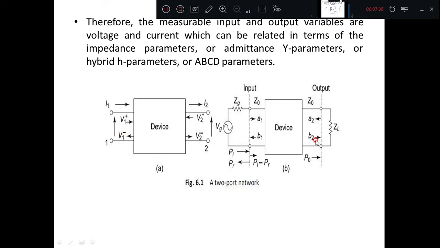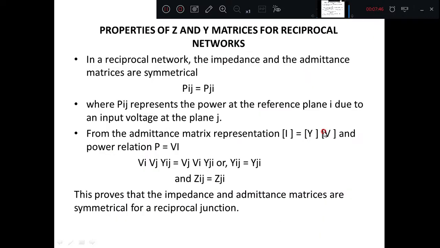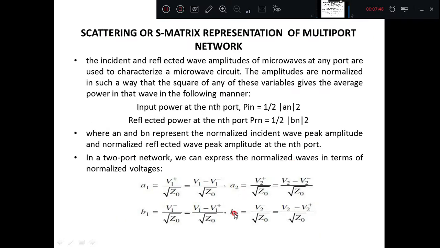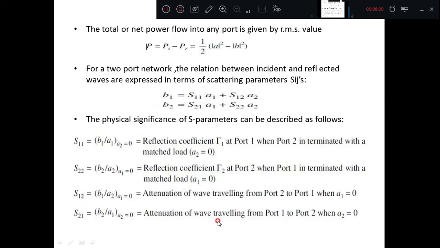Similarly B2 is nothing but V2 minus, and this V2 minus is nothing but V2 minus V2 plus. The same thing is written here. B2 is equal to V2 minus V2 plus divided by Z0, and B1 is equal to V1 minus V1 plus divided by square root of Z0.